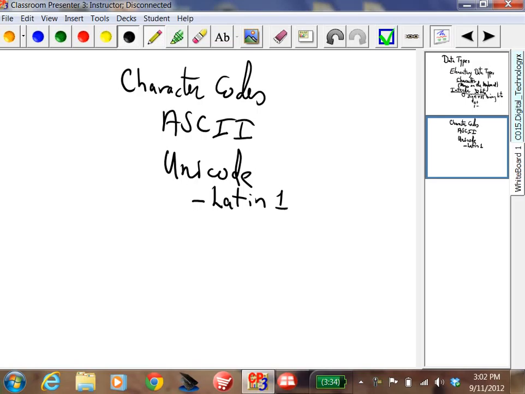It happens that the Latin one part of Unicode is the same as ASCII, which is good. ASCII is 8 bits, okay? 8-bit code. Actually, ASCII is a 7-bit code.